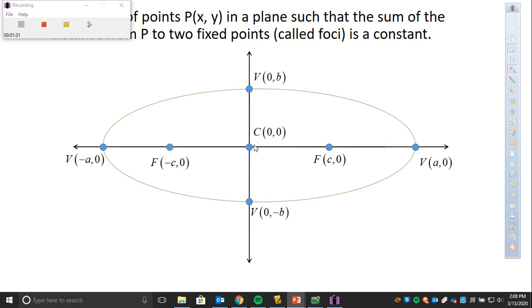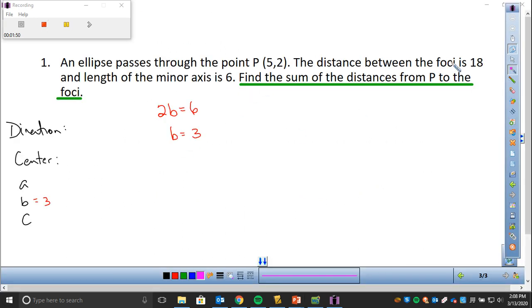The distance between the foci is 2c. So 2c equals 18, and therefore c equals 9. Also helpful: b squared is 9, and c squared is 81.